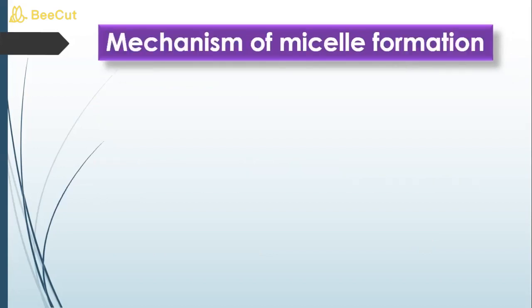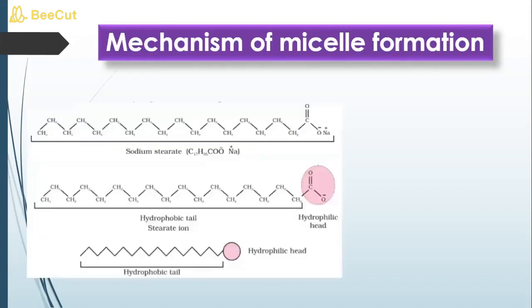Let us look into the details of the mechanism of micelle formation. Soap is a sodium or potassium salt of higher fatty acids, and it may be represented by the general formula RCOO minus Na plus. Examples of soaps are many, among which sodium stearate or potassium stearate are very common.